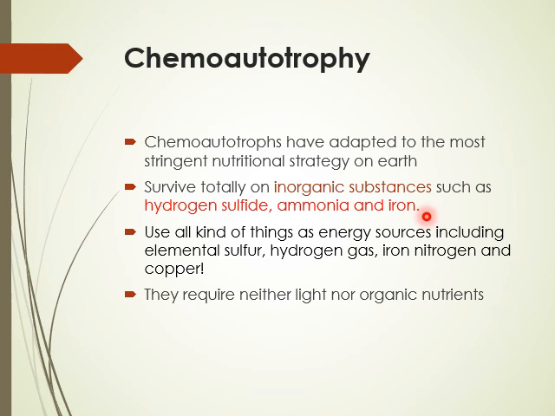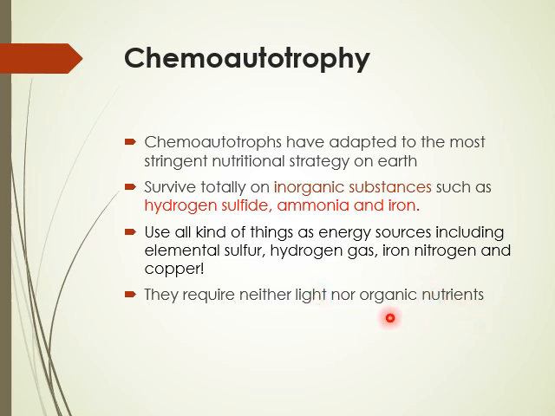So they use all of these things as energy source, including elemental sulfur, hydrogen gas, iron, nitrogen, and copper to convert this into food. And also, they don't need light, nor organic nutrients.